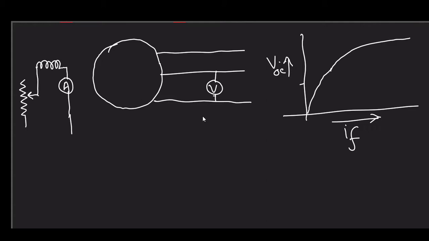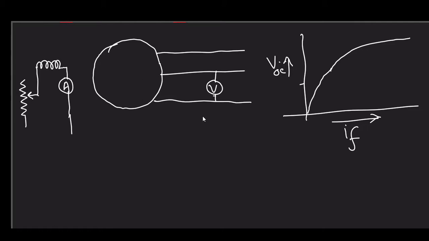Actually, it is not going to increase the field flux directly, rather it is going to increase the ampere turn of the rotor winding. So basically it is going to increase H, and H is directly proportional to this field current.